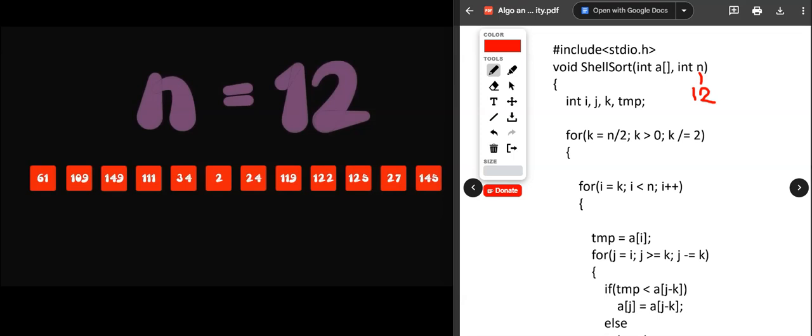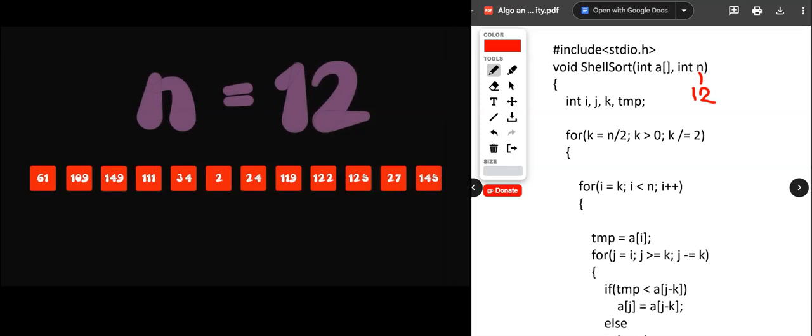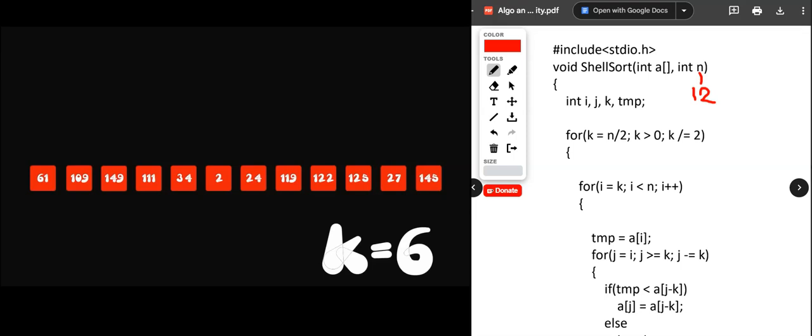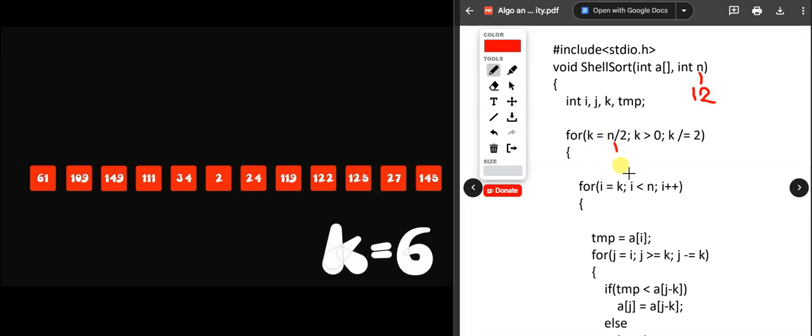Now, once the process starts, let's see what happens. So we observe what happened. This n is divided by 2, as we can see, and the value of k is updated as 6.